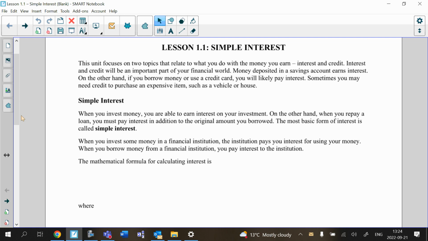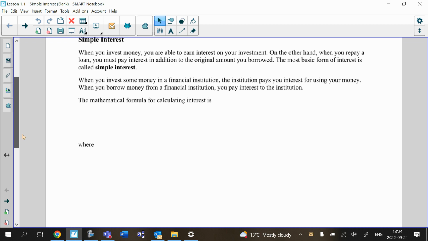And all you do with simple interest is, however much you invest or however much you borrow, and depending on how long you invest or borrow it for, and depending on how much the interest rate is, that determines how much interest you get or you have to pay.